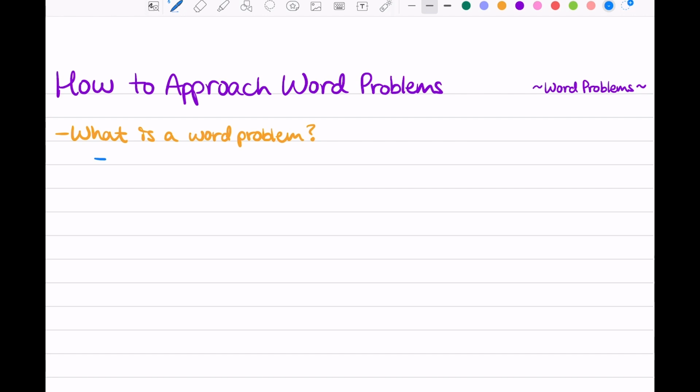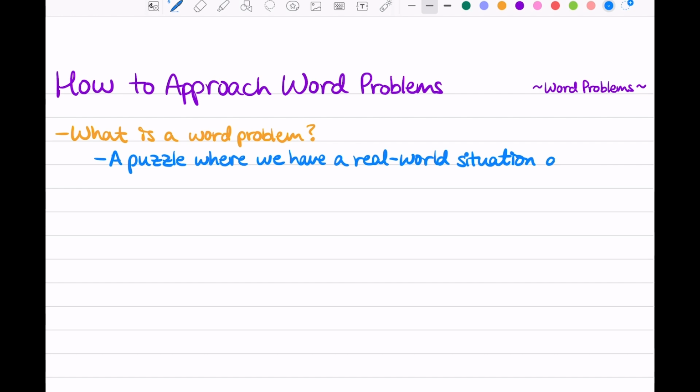We can think of it as a puzzle where we have a real world situation and we need to use math to figure something out.